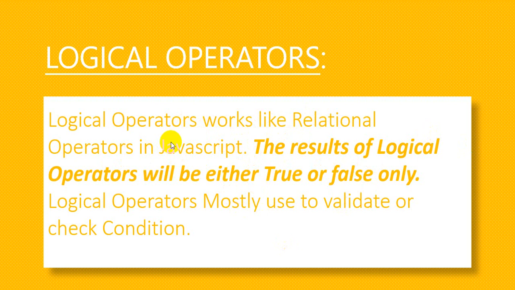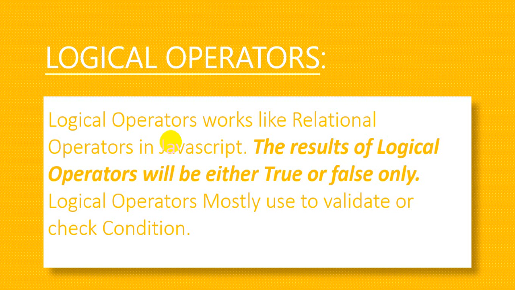If you remember, in our previous lecture we saw relational operators in which the result is either true or false. For example, with the less than symbol you check whether the number is less than the other or not, so finally you get a result of either true or false.